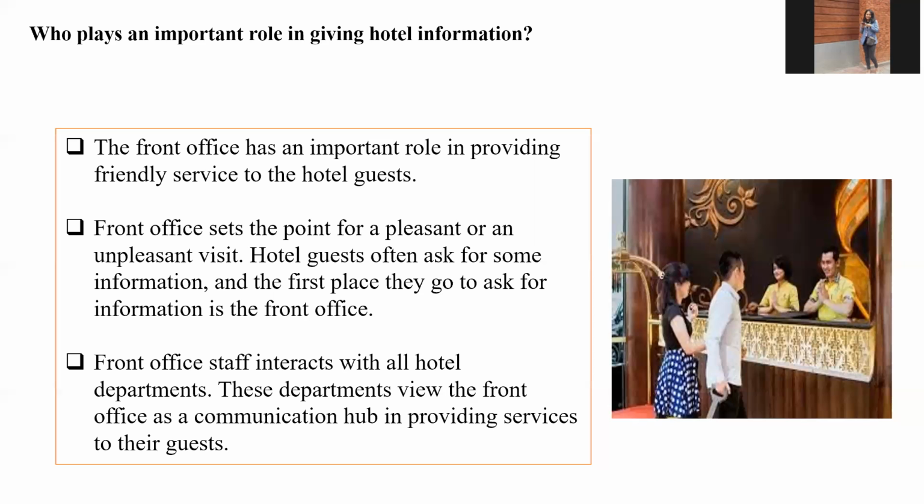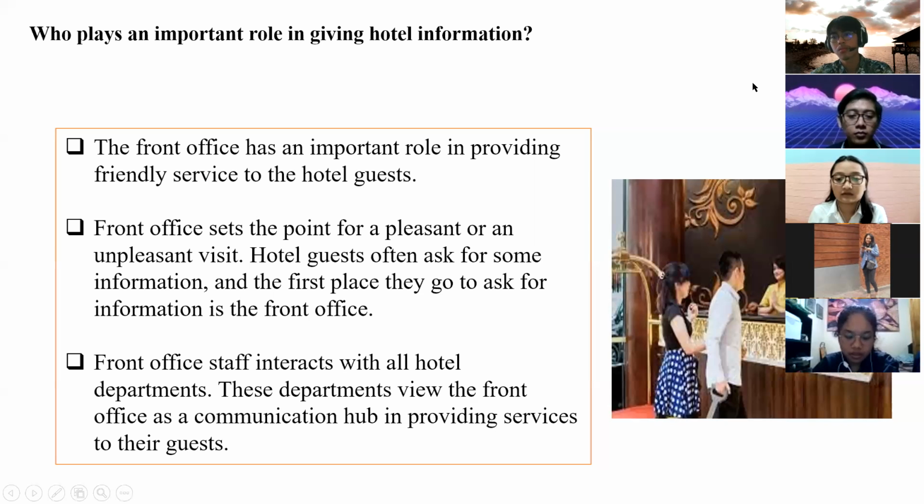Of course, in fulfilling hotel guests' requests for information, the front office has to coordinate with other departments because sometimes guest requests are not included in the front office staff's job description. Front office staff interact with all hotel departments, including marketing and sales department, housekeeping department, food and beverage department, banquet department, controller, maintenance department, security and human resource department.